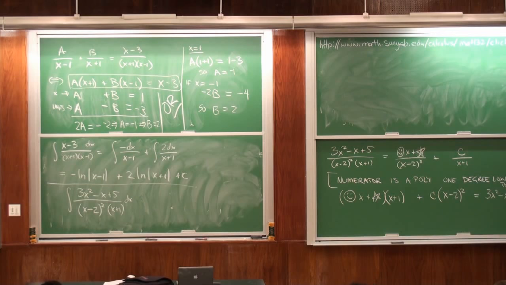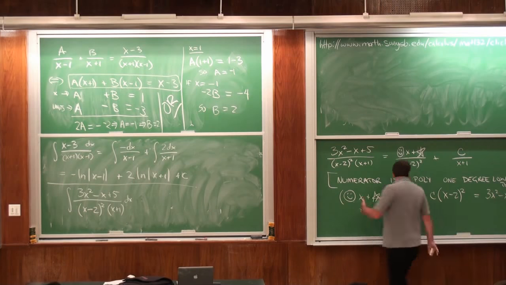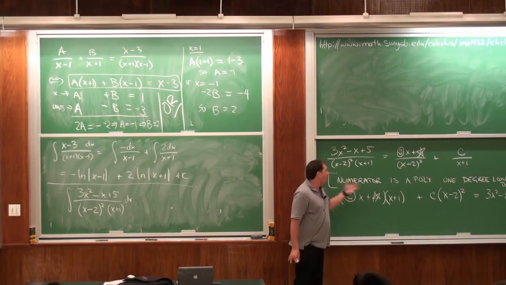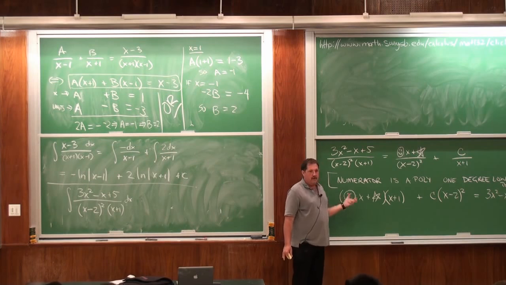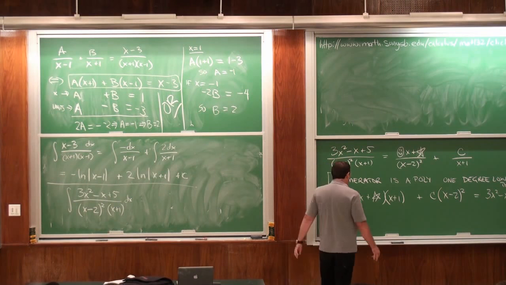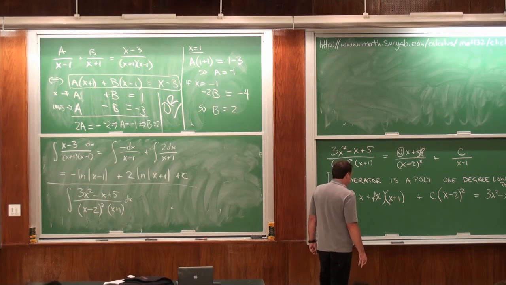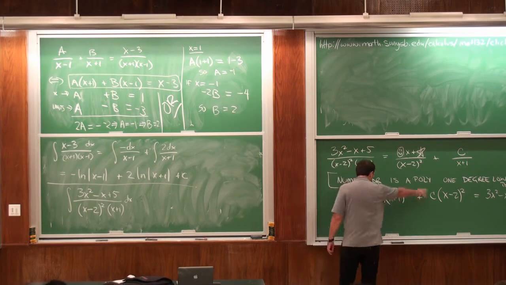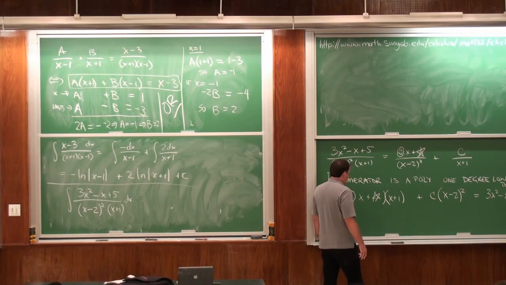And so now we need to figure out what smiley face, star, and c are. And again, we can use either method. Let's just equate coefficients this time. Otherwise I'll have to choose 2 values of x.